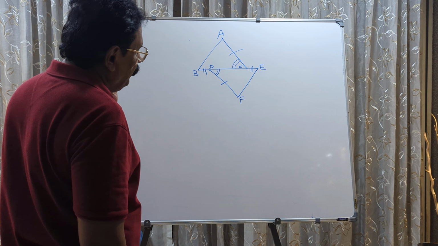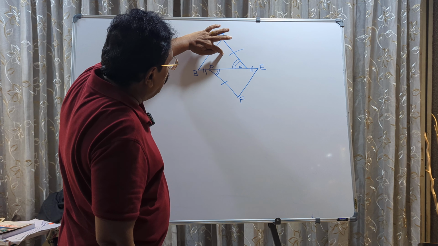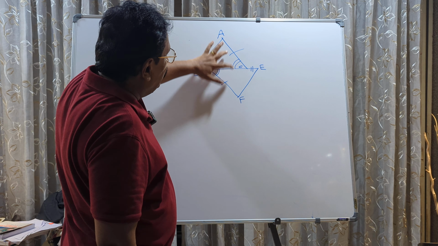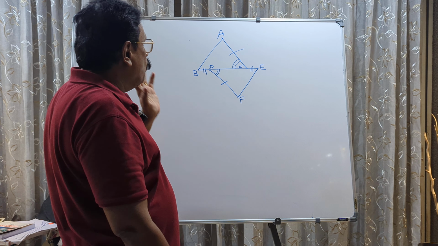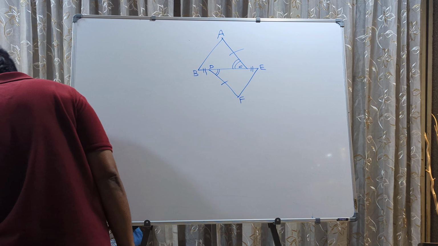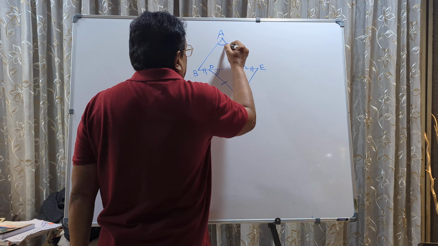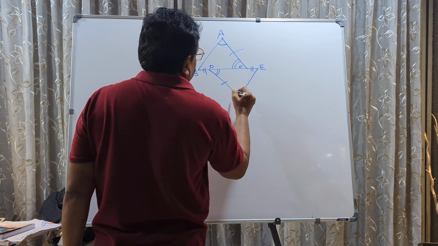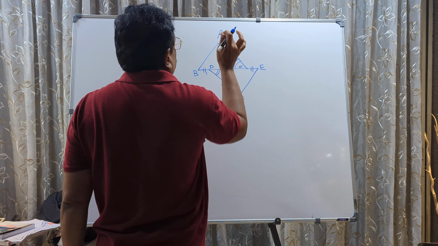Now they have given one triangle above the other triangle and they have given some parameters which are equal. What they want is, they want us to prove that angle A, this angle, is congruent to this angle. We have to show that these two are congruent.